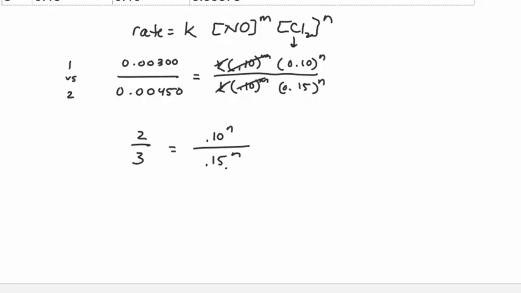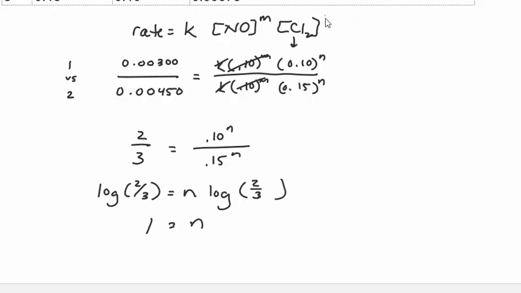So if I take the log of 2/3, that's going to be equal to n times the log of these numbers, 0.10 over 0.15. Well, this also happens to be a ratio of 2 to 3, and that's why I left it that way, because the log of 2 over 3 divided by the log of 2 over 3 is just 1. So n is 1. So I can erase that and put my 1 in here. That's what I have calculated.